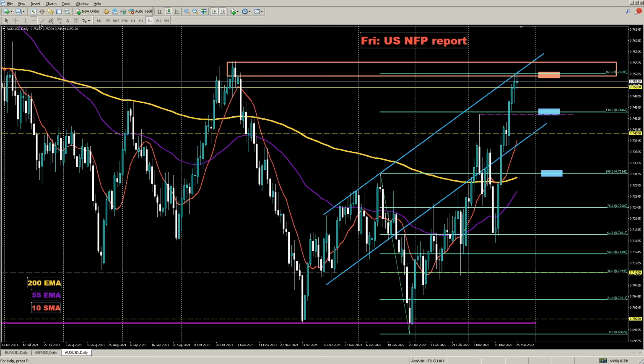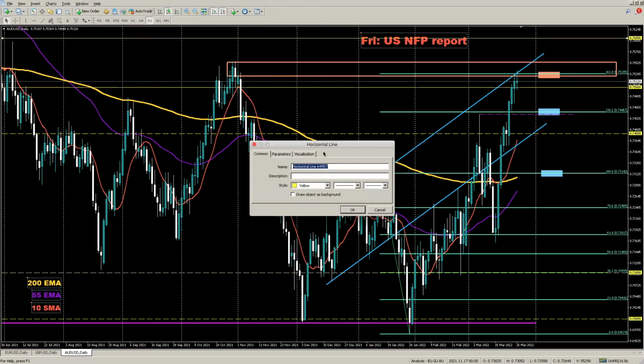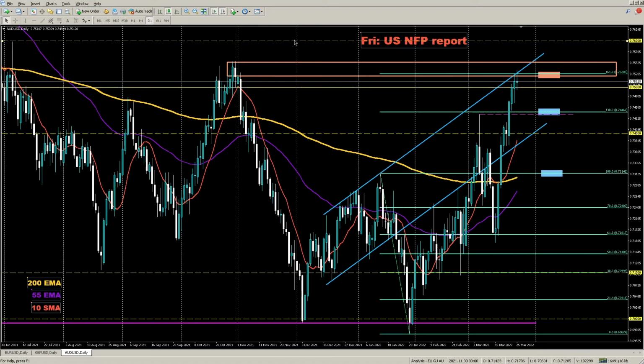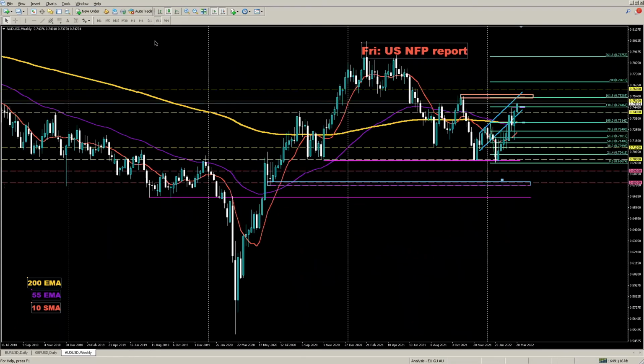And maybe I might add just slightly above that, there's also this 76.00. Just above that, we take a look at the weekly time frame, and that's where this wicks, upper wicks are.